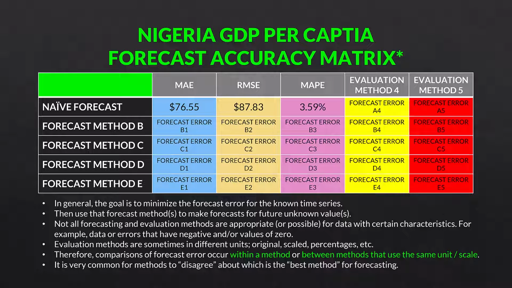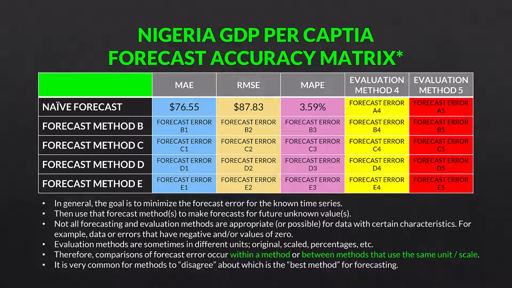Not all forecasting and evaluation methods are appropriate or possible for data with certain characteristics, and actually MAPE is one of them. For example, data or errors that can have negative and/or zero values. One of the downsides of MAPE is that if the actual value is 0, then we have division by 0 in MAPE, and we'll talk about that more as we go.